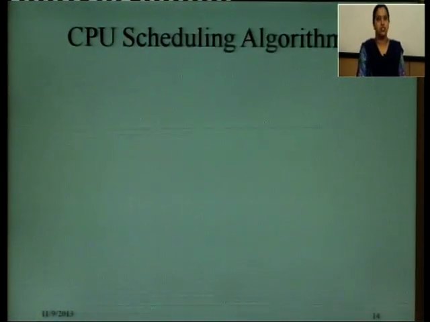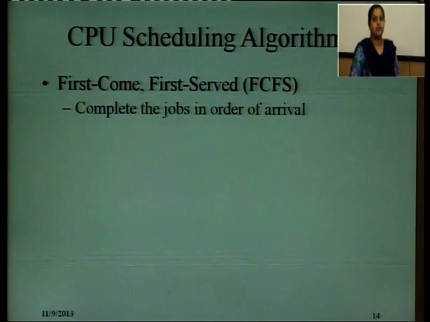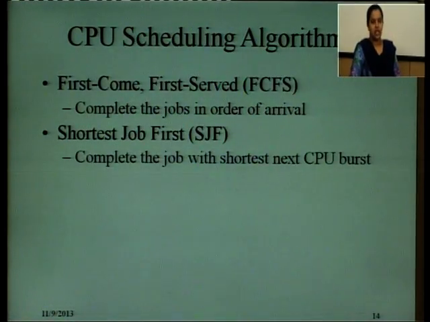Now we will discuss the CPU scheduling algorithms, meaning what strategies the CPU is going to use for deciding which process is to be executed first and which after. The first is first come first serve, meaning complete the jobs in the order of arrival. The second is shortest job first, meaning the process with the shortest next CPU burst is to be executed first.